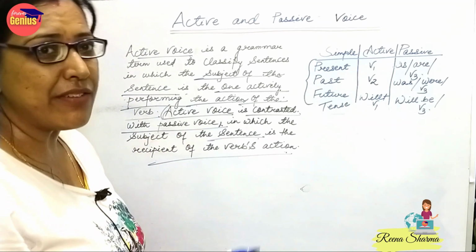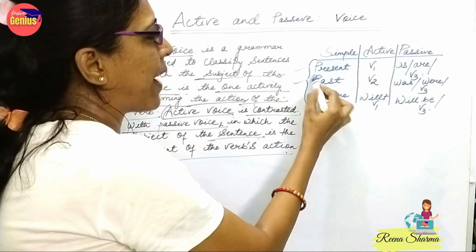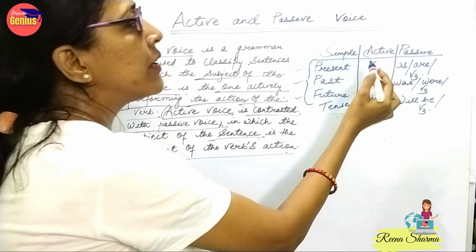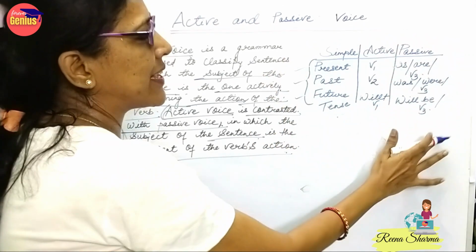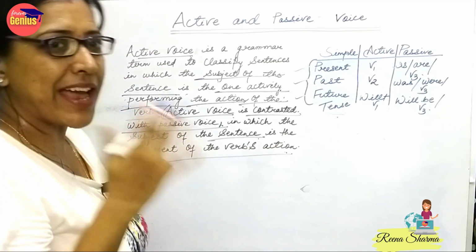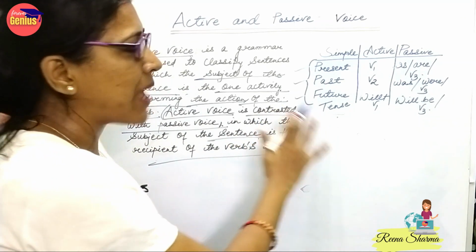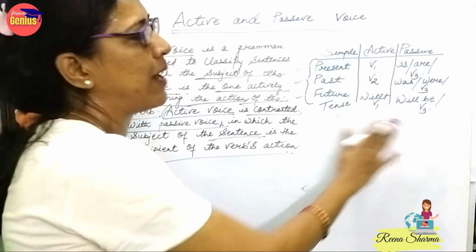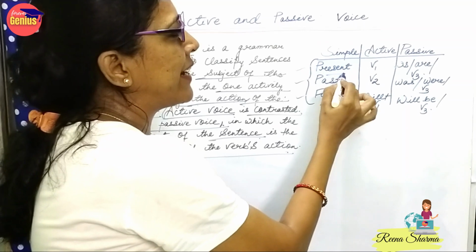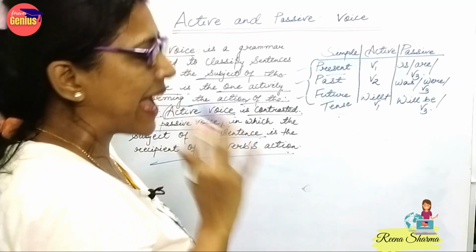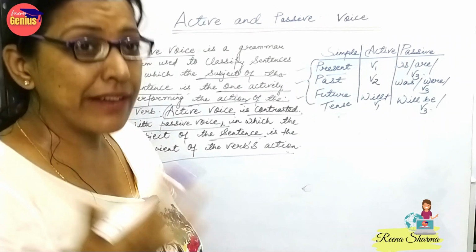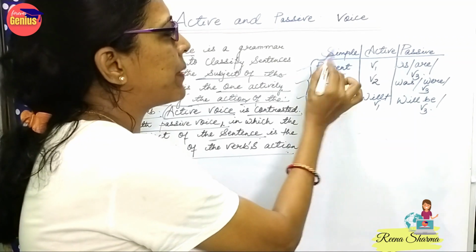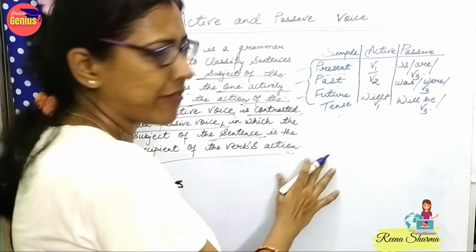So, whenever we deal with the simple present, past or future tense, what are the formats? I have written it here on the side because when we would be doing some illustrations, it will help us. So see, we have discussed that in simple present tense, we use the first form of the verb.